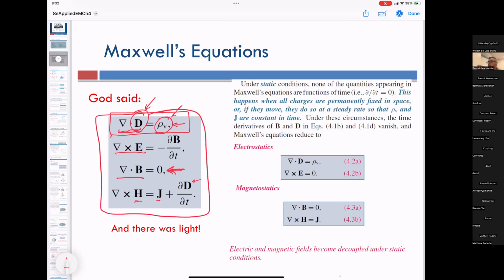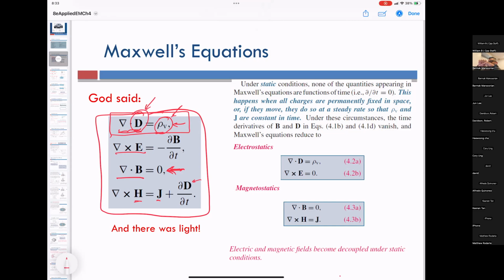That's the thing about all magnetic fields: they are caused by currents, okay? And currents by definition are running in a loop.